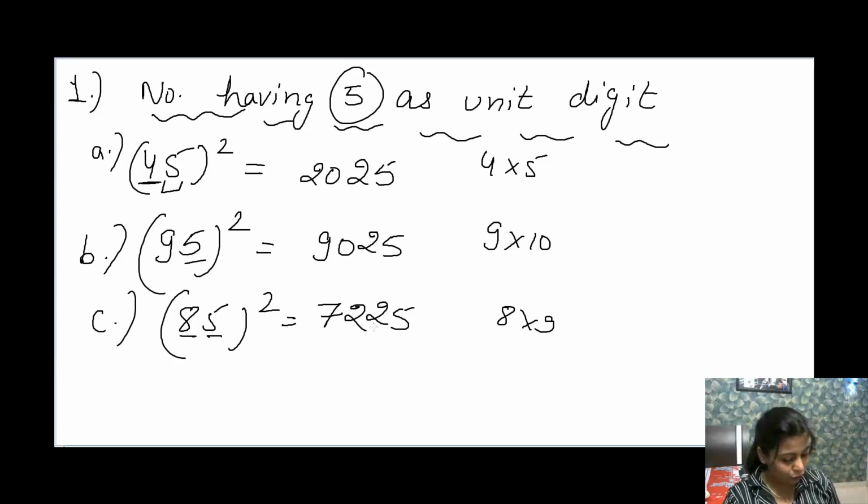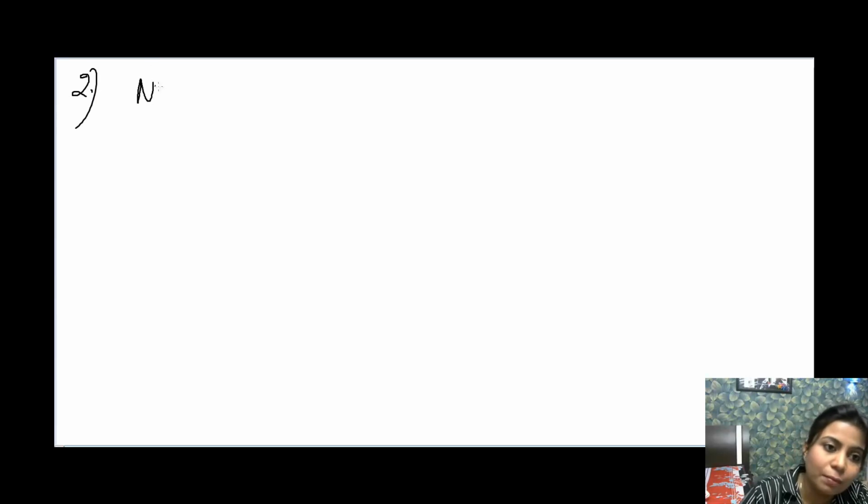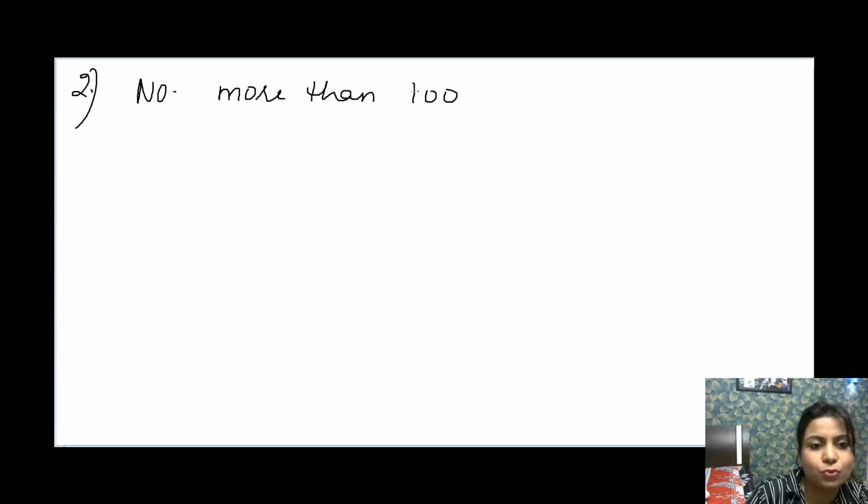So let's move on to our second trick. Second trick is numbers just more than 100. Numbers more than 100 means numbers like 101 to 109 I can say.